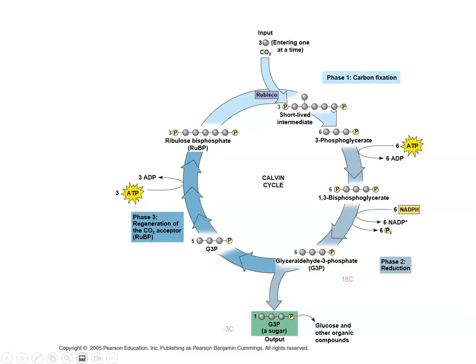The 5 G3P that go back into the cycle represent the 15 carbons. And even after these several steps that occur, including phosphorylation from ATP, there's going to be only 3 molecules of ribulose bisphosphate, but each has 5 carbons. So 3 times 5 is also 15 carbons. And it continues to be 15 carbons until 3 more carbons come in from the CO2. And now we're back to 3 times 6, 18 carbons.